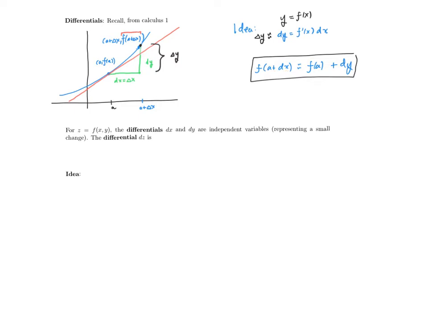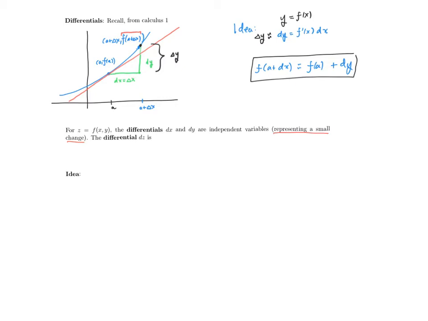So let's now go ahead and introduce differentials for a function of two variables. If you have the function f of x, y, we think of the differentials dx and dy as being independent variables. That is, quantities we can substitute an input for. And what they are going to do is represent a small change, much like the dx above represented a small change.